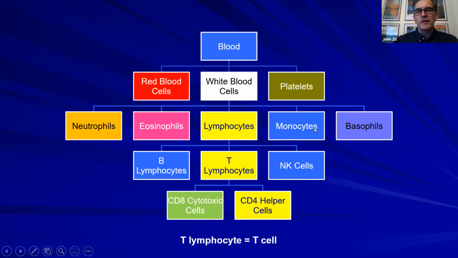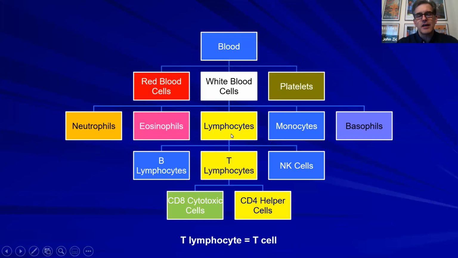Monocytes are important immune system cells. Monocytes have an excellent ability to engulf bacteria, dying cells, and other things like that. They're kind of like the Pac-Man of our immune system. And then we have basophils. We're not exactly sure of the primary role of basophils, but they contain little granules that are often released during allergic reactions.